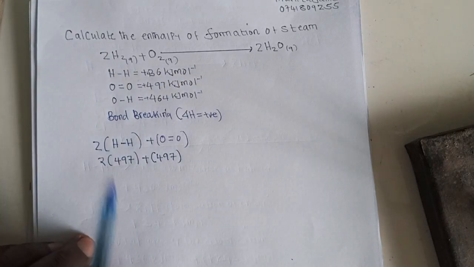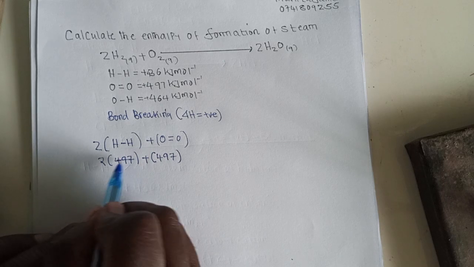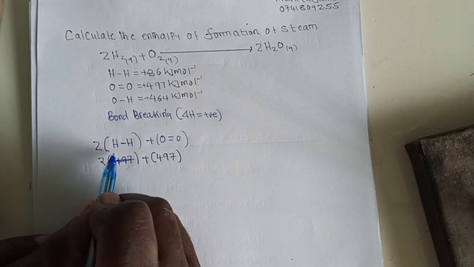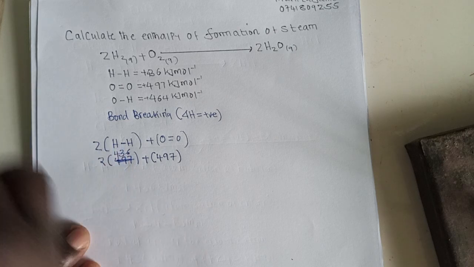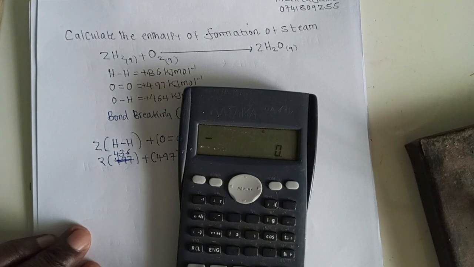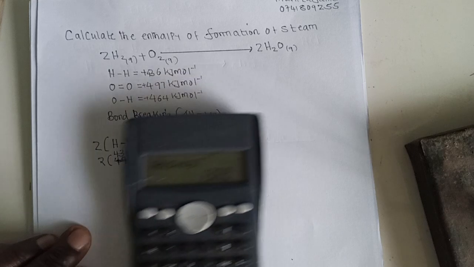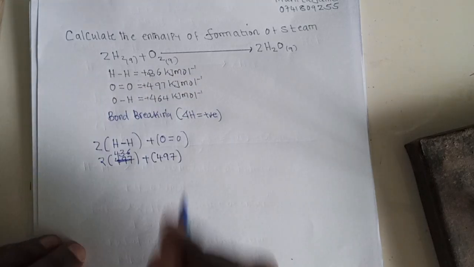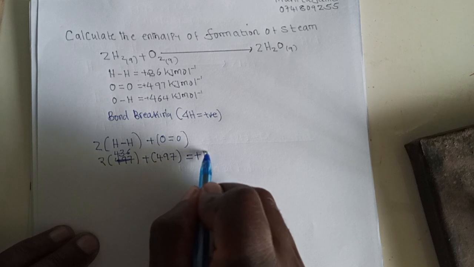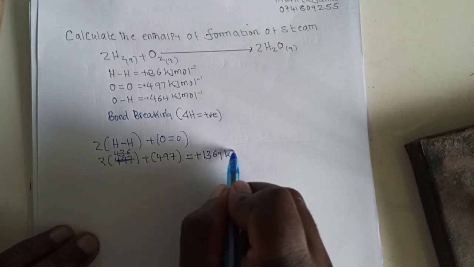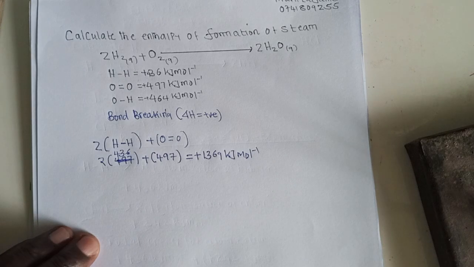Sorry, the bond between hydrogen is not 497, but it is 436. So we have 2 times 436, then plus 497. And this gives us positive 1369 kilojoules per mole.